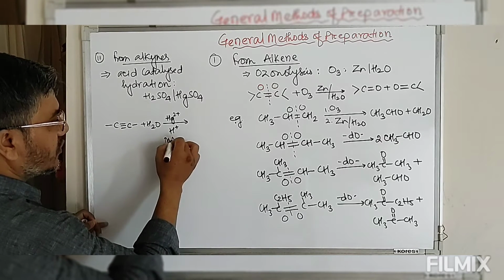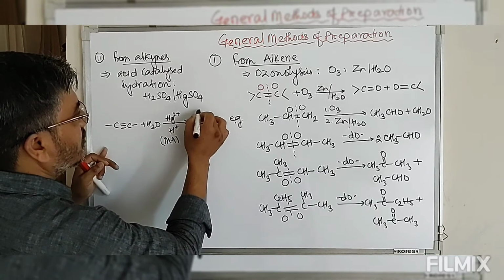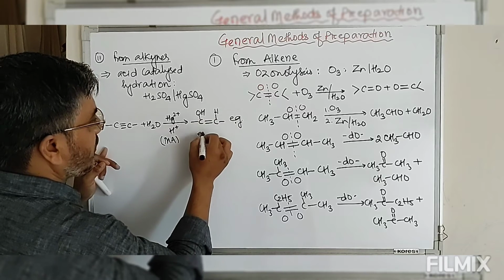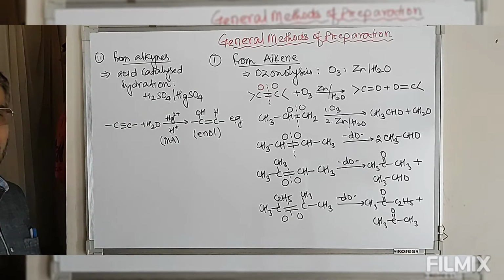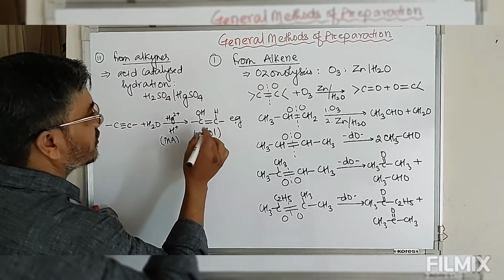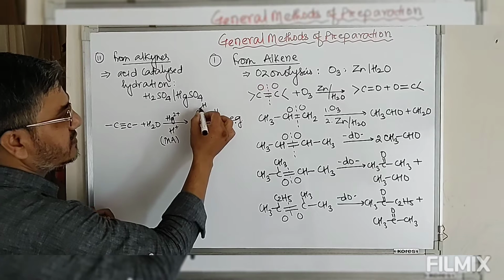Addition follows Markovnikov's rule. This gives you C double bond C with an OH, which is what we call an enol. The enol being less stable compared to the ketone, it is converted into the ketonic form. This is keto-enol tautomerization.